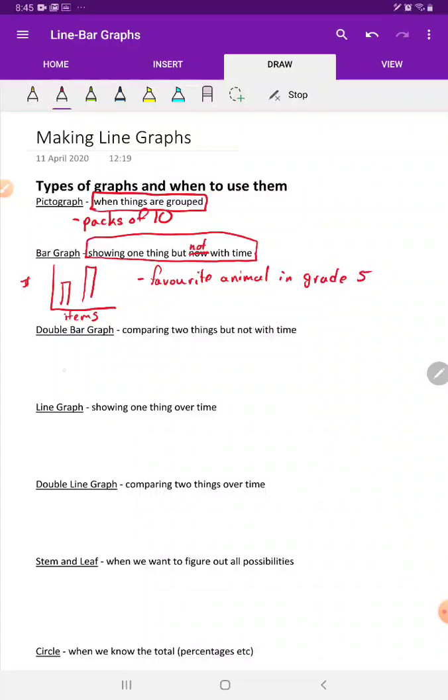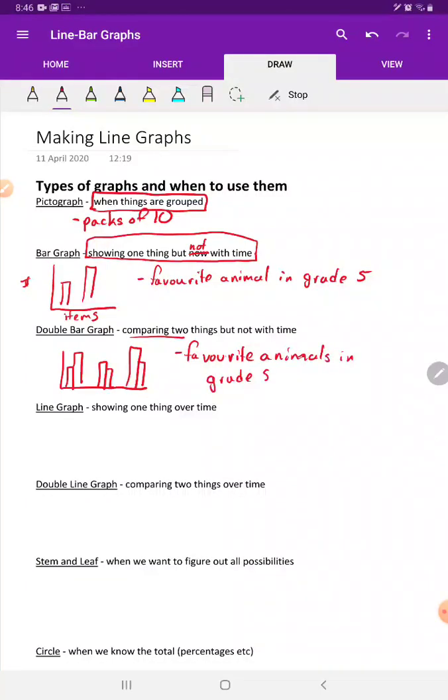A double bar graph is the same thing, except now you have two pieces of things that you're comparing together. So it's exactly the same as the previous one, except now you're comparing two things, but not with time. So for example, this could be favorite animal in grade 5 and 6.